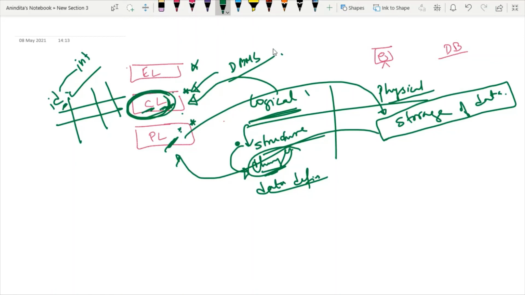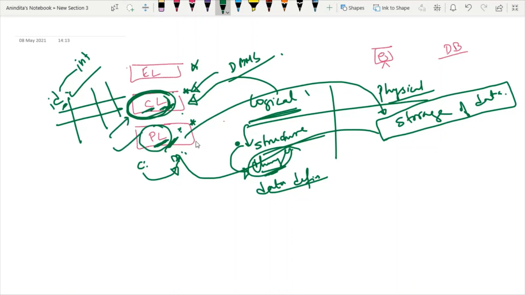Also, there is one point that we have to understand, that we can easily make modifications at the physical level. I have stated that whatever data I have stored at the physical level, I can easily move from one drive to another drive, from C drive to D drive. For that reason, we don't have to interfere with its higher level.